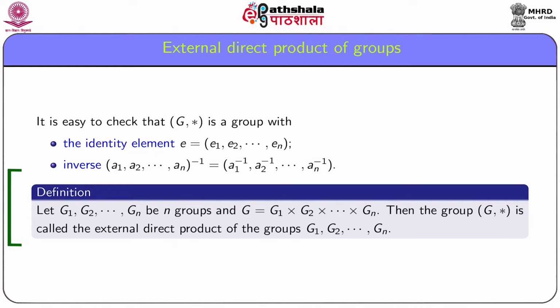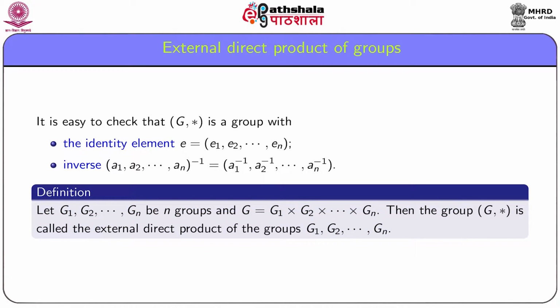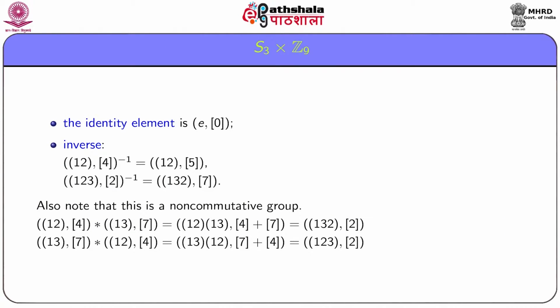We call this group G with respect to star the external direct product of the groups G1, G2, up to Gn. Why external? I will define in the next module another product of groups which we call the internal direct product of groups. Anyway, now let us consider an example, S3 cross Z9.